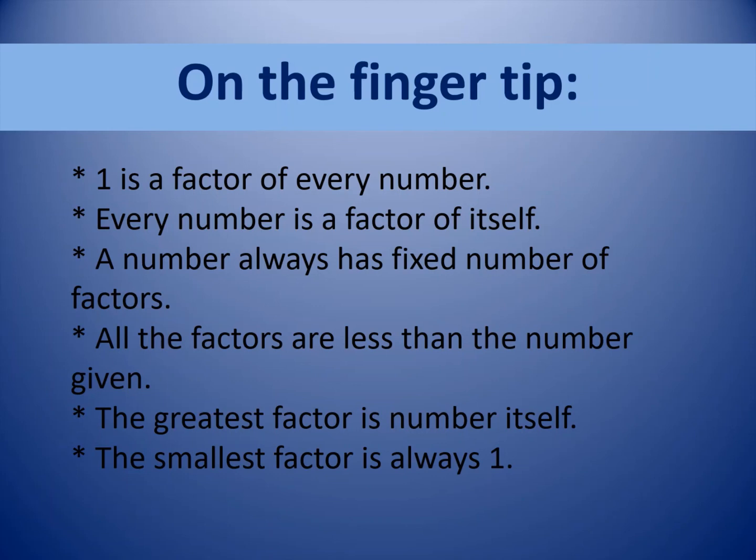Fixed number of factors means it cannot be more than the number given to you. Next, all the factors are less than or equal to the number given. The greatest factor is the number itself, and the smallest factor is always 1. If you have any doubt, comment in the comment box.